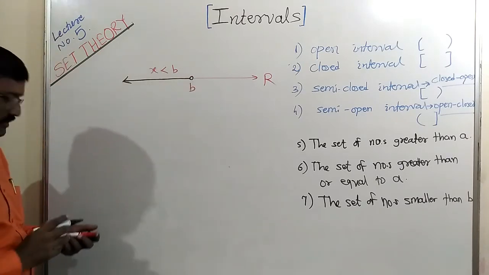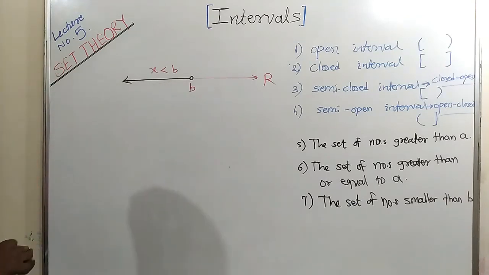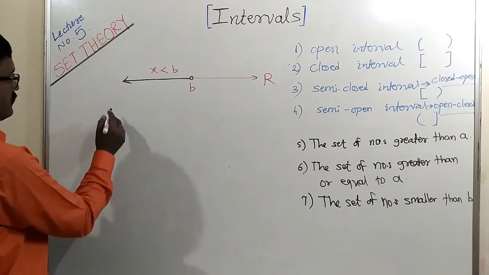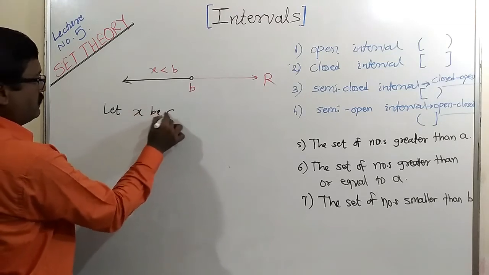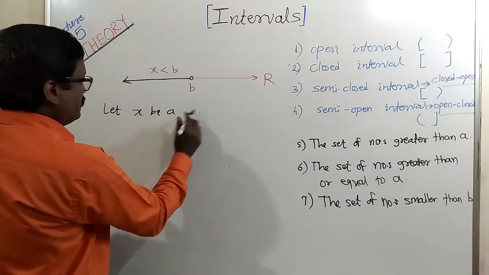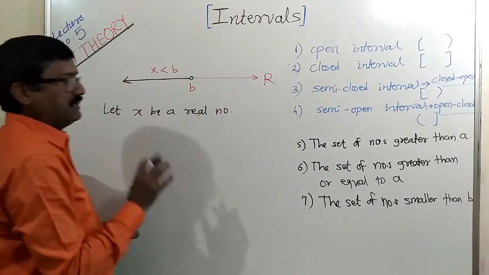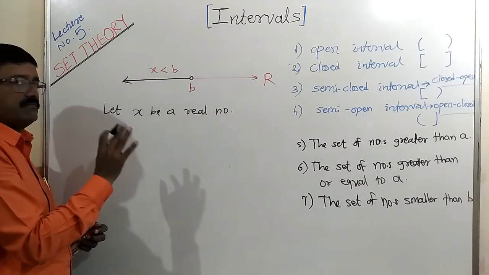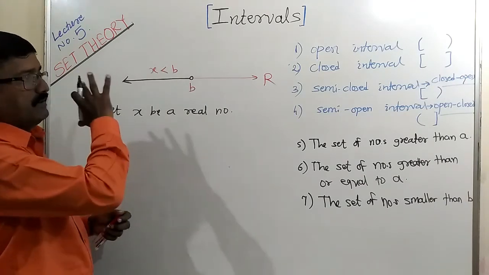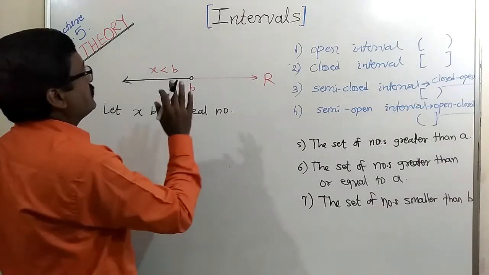In which this B is not infinite. So this much is only a ray for these numbers. Let us write here, and let x be a real number. Number means real number. Whenever that particular type of number is not given, we will consider number as a real number, because we are learning about all real numbers, meaning real set theory.